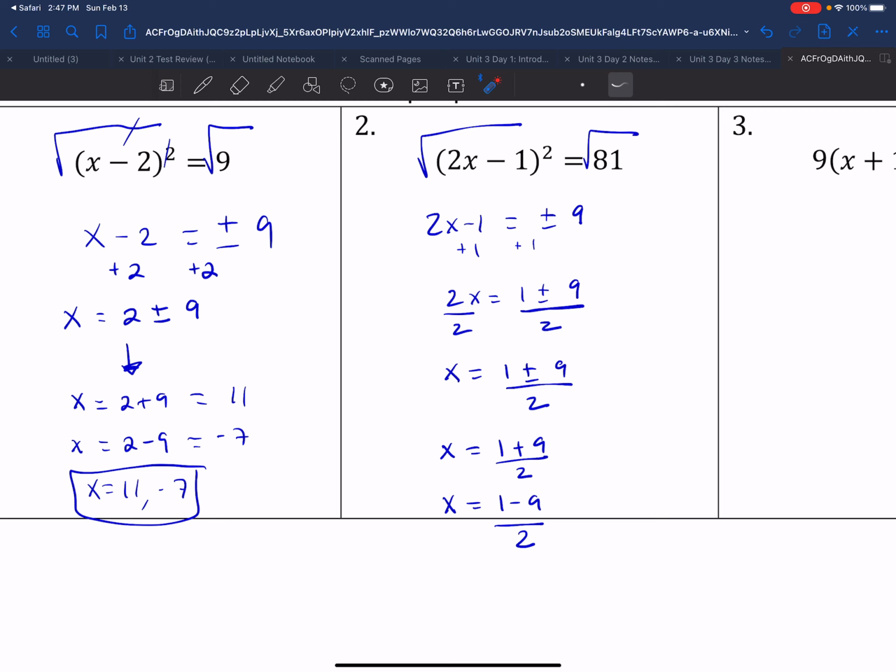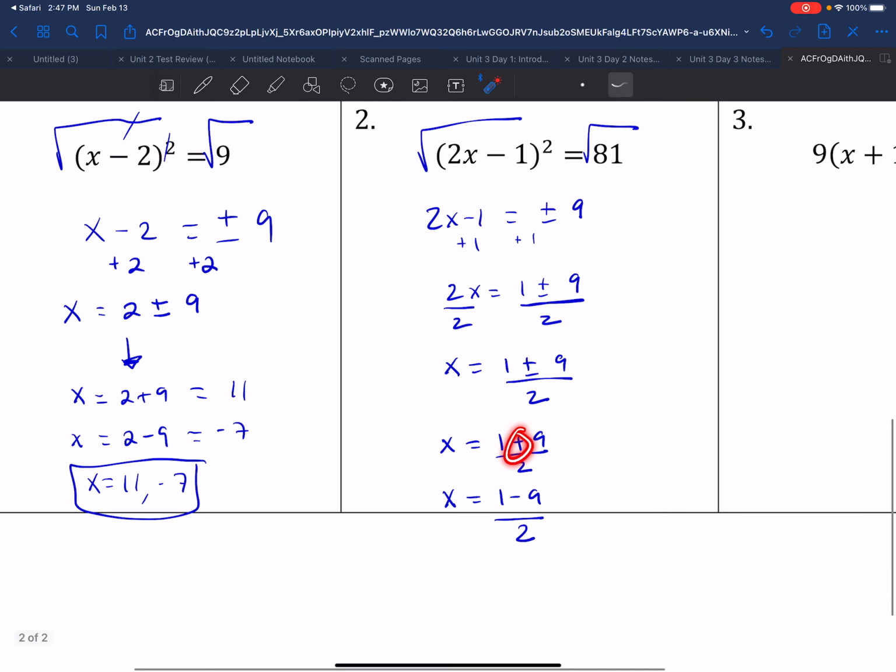I'm writing the same thing, one with the plus and one with the minus. Basically, that's it. And then all you got to do is just do the math.